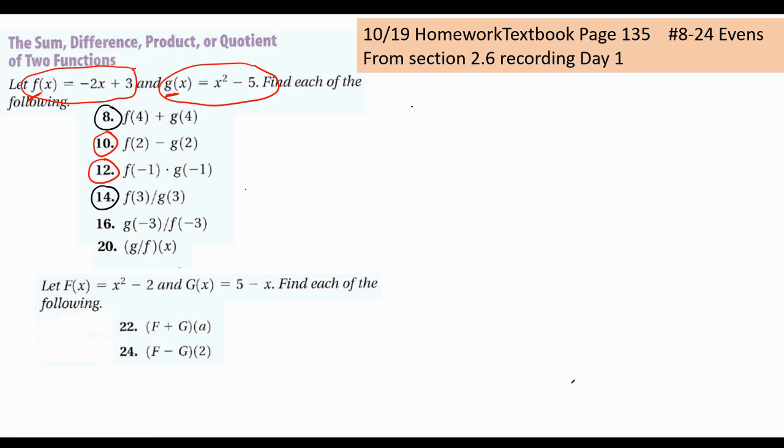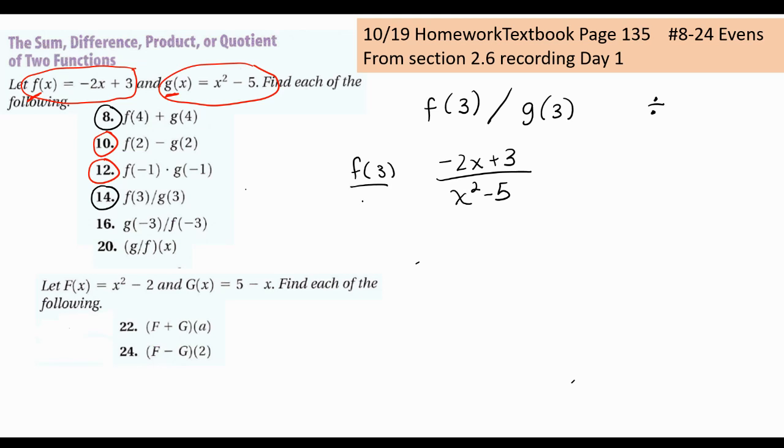Okay, so number 14 is f of 3 divided by g of 3. So that's division. So the f function is negative 2x plus 3. We're going to divide it by x squared minus 5. So that's f evaluated at 3 divided by g at 3.